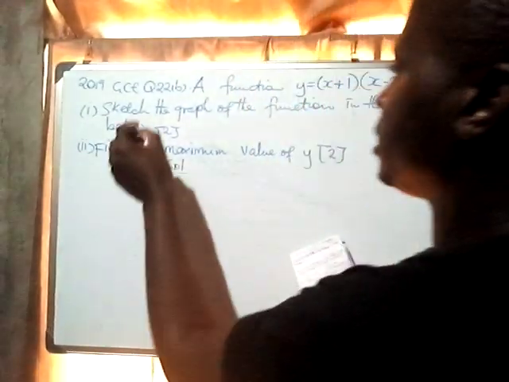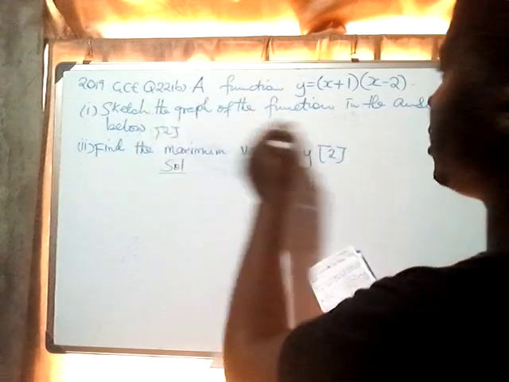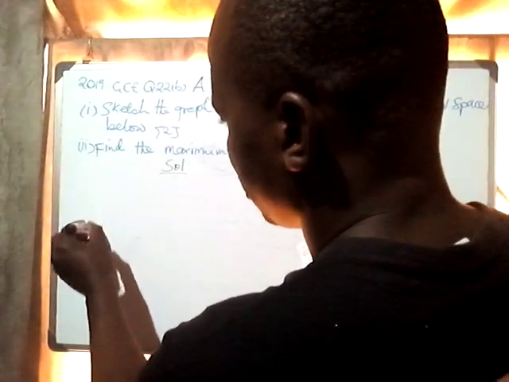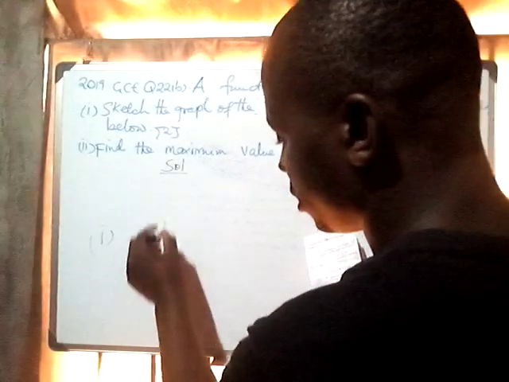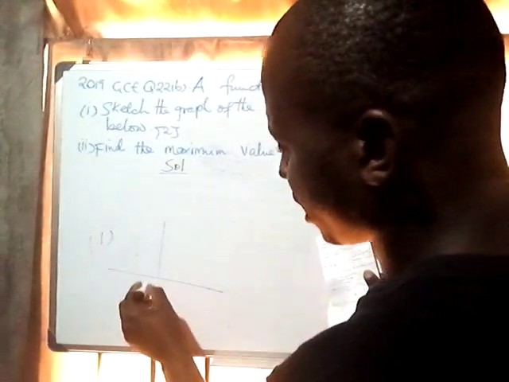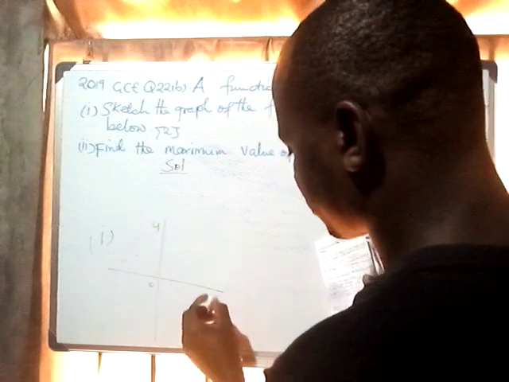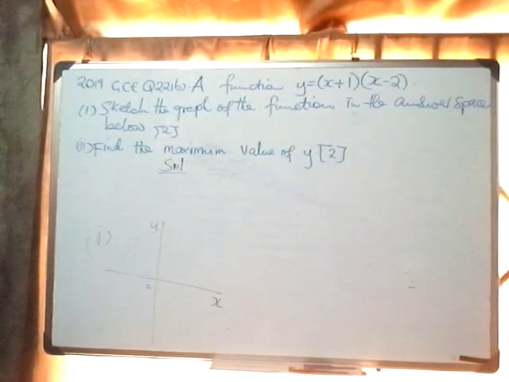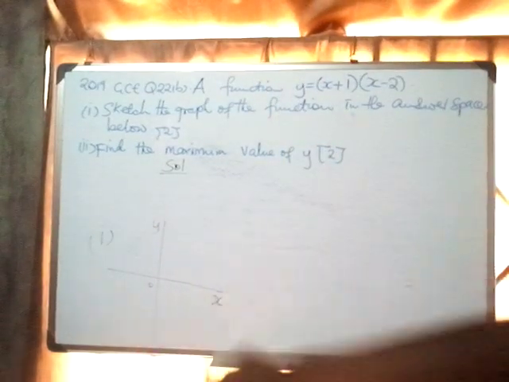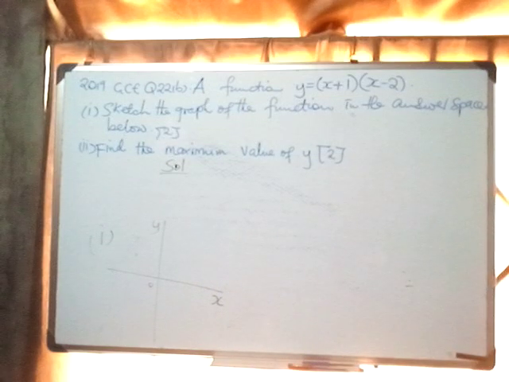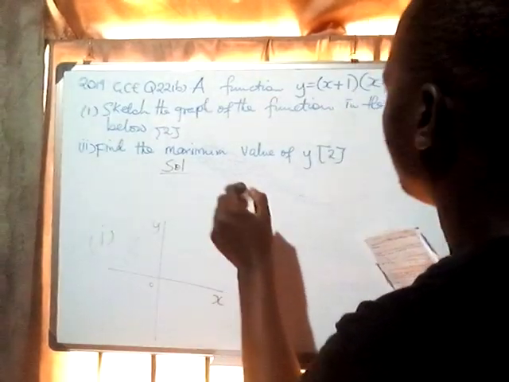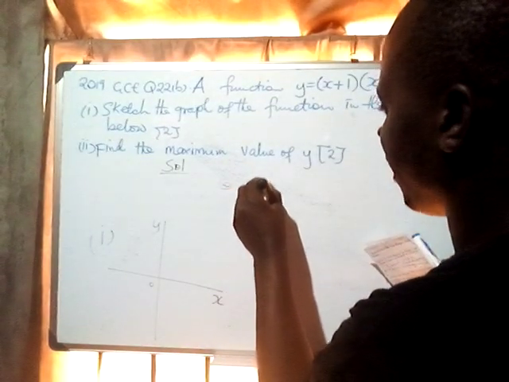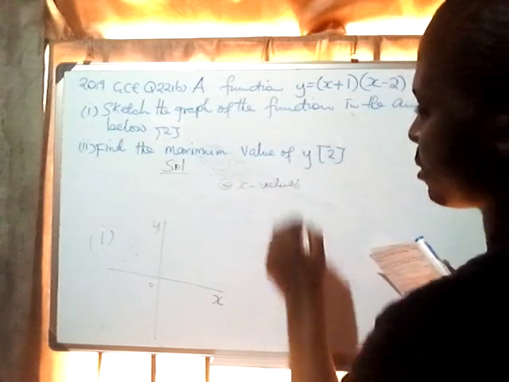By the way, it is saying sketch the graph of the function in the answer space below. There is something like this in the answer space. This is the way it was. So now you sketch the graph. Now how do we sketch the graph? We sketch the graph by first finding, I will say A, the x values, the roots.